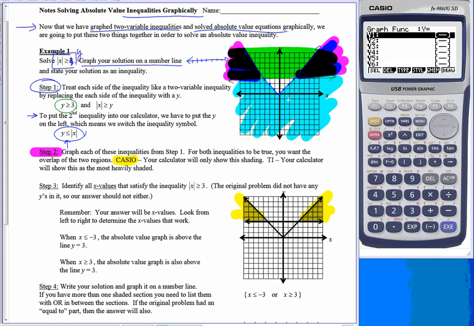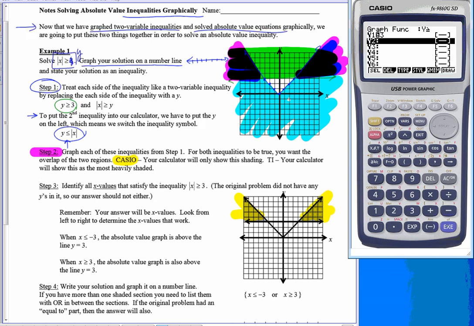I'm going to go ahead and put this in my calculator as well, just to show you that. So I'm in my graph menu on my calculator, and in my Y1, I need to change the type. I hit F3 for the type, hit F6 for more options, and that's where my greater than or equal to symbol is. I needed y is greater than or equal to 3. Then on my second inequality, I needed to change my type.